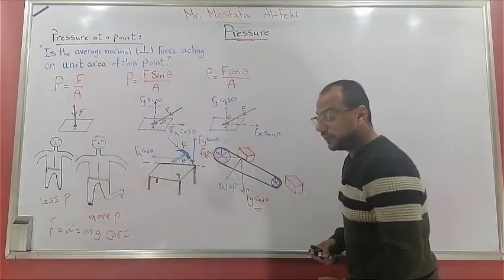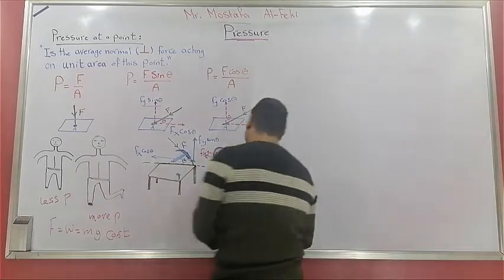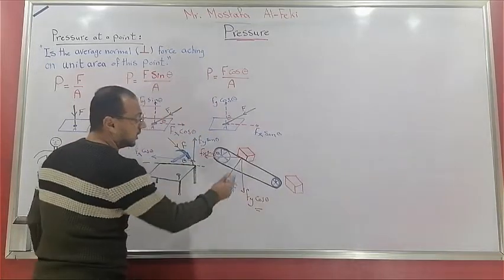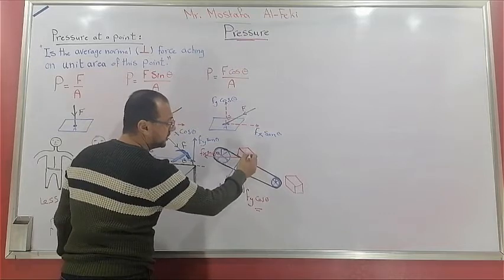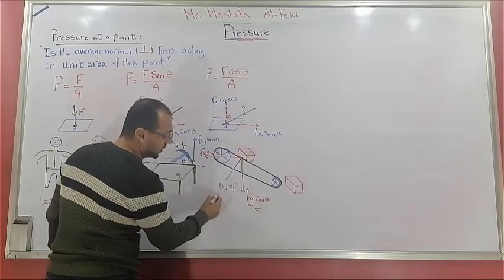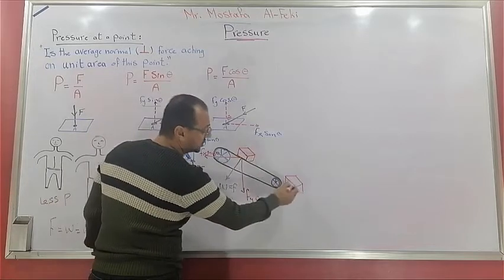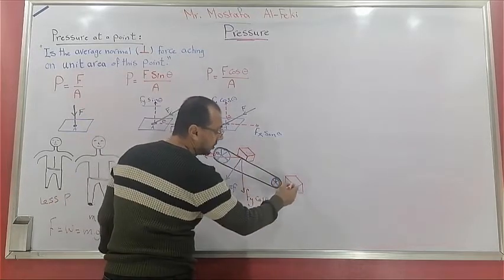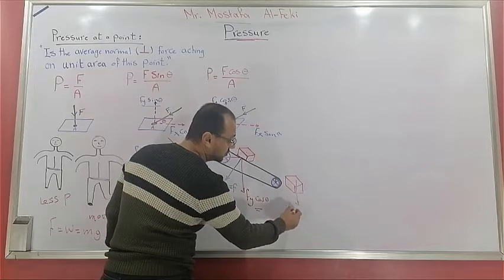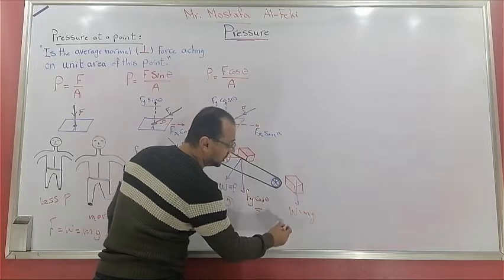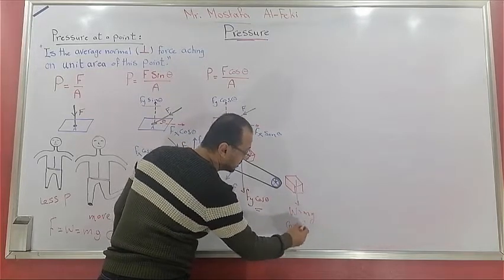Like this box, the force on the inclined plane is the weight, equal to m times g. When the box reaches this point, what is the weight of the object? The weight of the object also equals m times g, and the weight is constant.